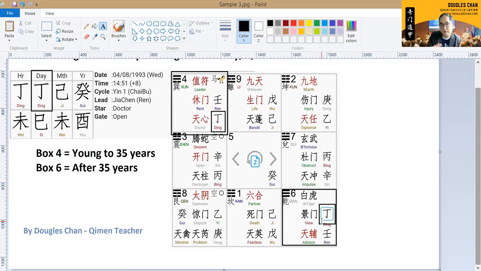However, because this chart is a Fan Yin chart, the whole representation changes. When he's young, his character will be here. And at the same time, in certain years and certain months, his character will change to here, which means that he can be a very good leader, but a few weeks or months later, he will become very aggressive. So he will have a different set of character.